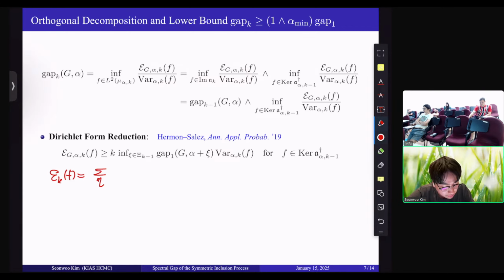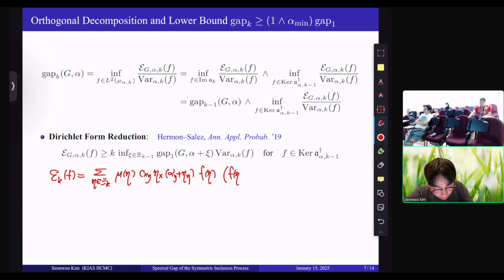You sum over all the configurations eta here, and then the rate, and then you just sum all these L2 square terms.